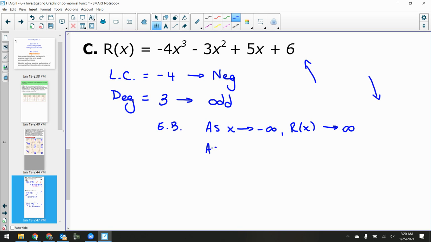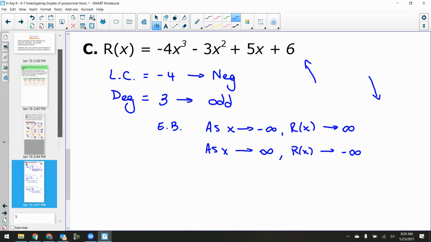And then on the other side, as x goes to the right, to positive infinity, the function goes down. R of x goes to negative infinity. Okay, so that's how we formally write the end behavior as x approaches infinity.